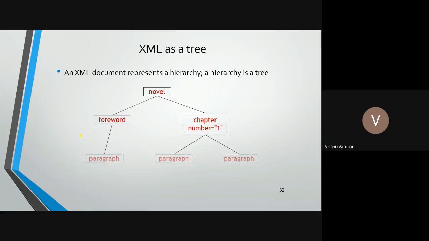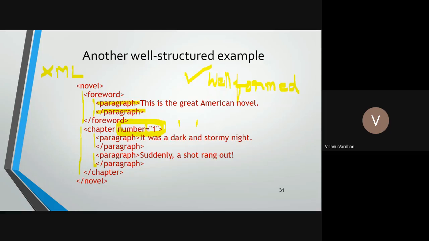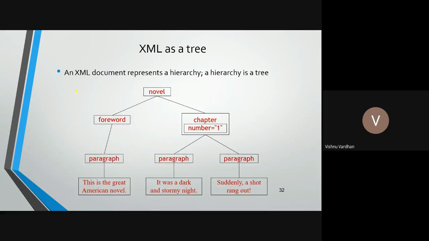Then XML as a tree. In the previous example, what is the innermost element? The innermost element is paragraph. And what is the root element? The root element is novel. And if you see it by reversing it, the novel element is the root element. It has two sub elements. One is foreword and the second one is chapter, and it may optionally contain some attributes, and chapter again contains multiple inner elements, and these elements again contain some data.